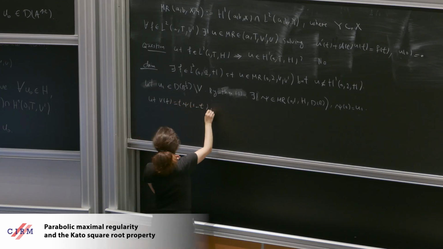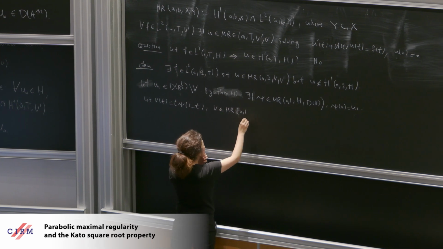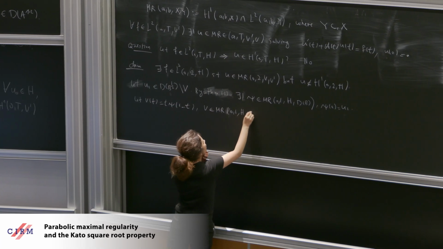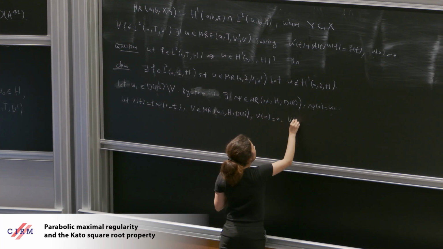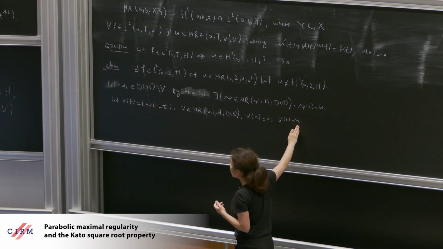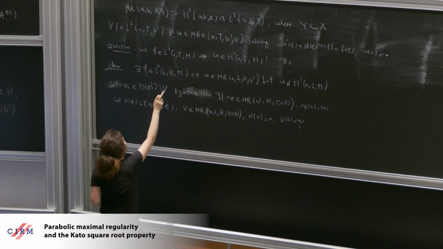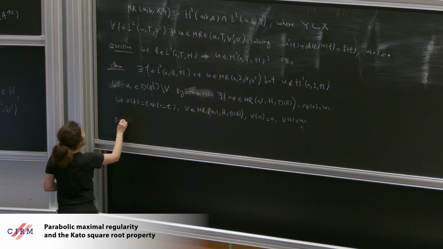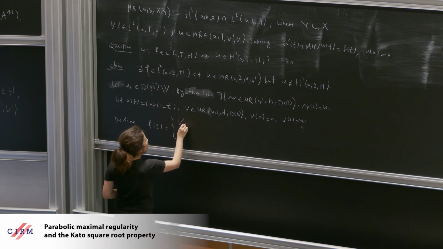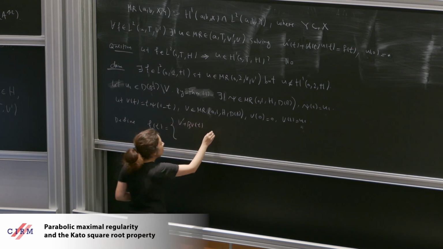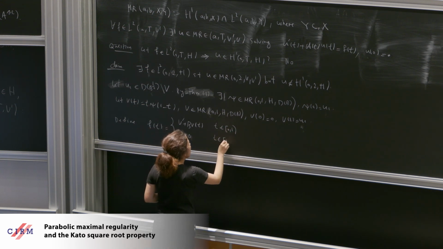Still, we have maximal regularity in H. But the good news is that V0 is 0, V1 is U1. Recall that U1 was not in the domain of the square root of C. It is important. And what I claim? Let us define such an f. Define f(t) to be curly B v(t) in V prime for the time interval between 0 and 1, and to be 0 for the time between 1 and 2.